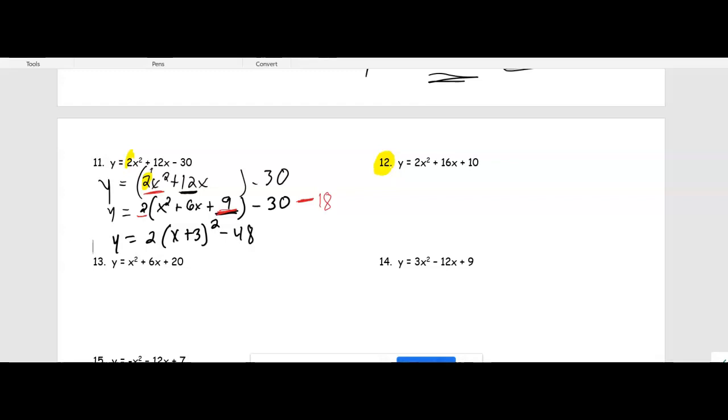So now see if you can do number 12. Oh, yeah, there were 3 others.